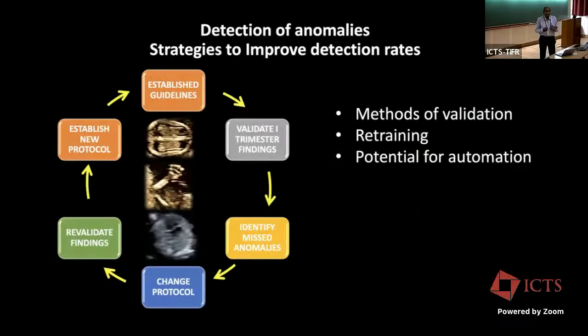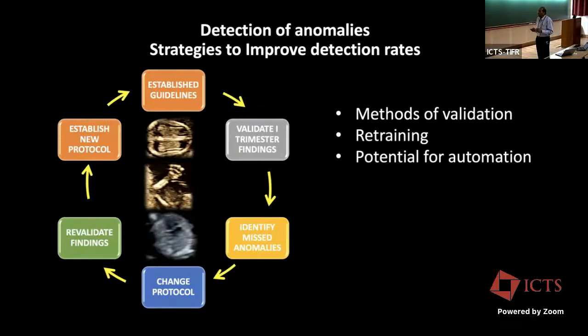Now, we also need steps to improve detection rates. I constantly want to improve. 20 years ago, the detection rate of anomalies was 20%. Now it is 70%, but I want to move to 90%. How am I going to do that? I do the scan by established guidelines. Then I validate the findings.